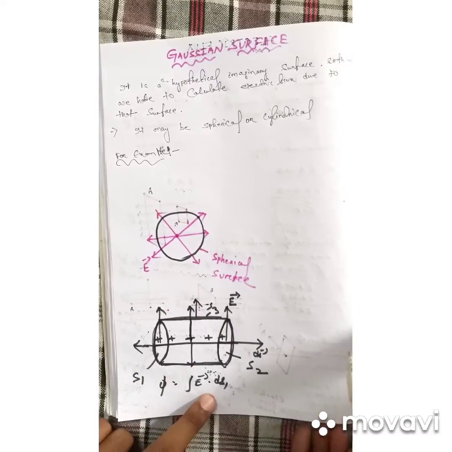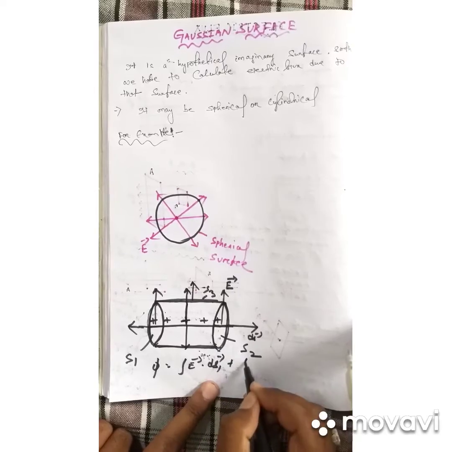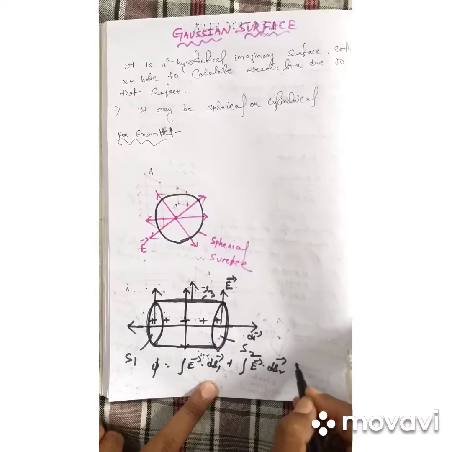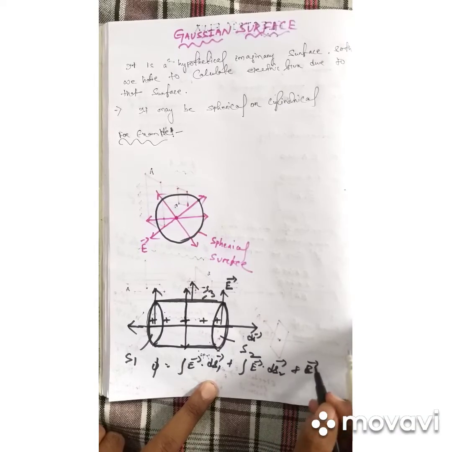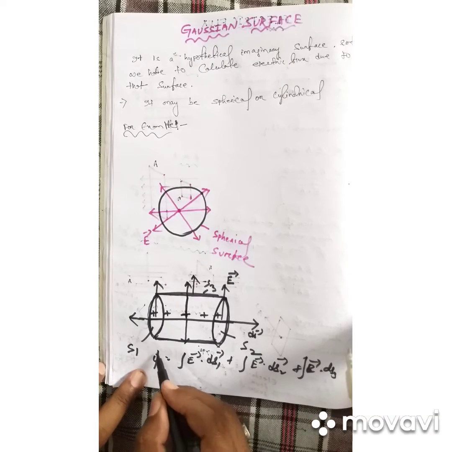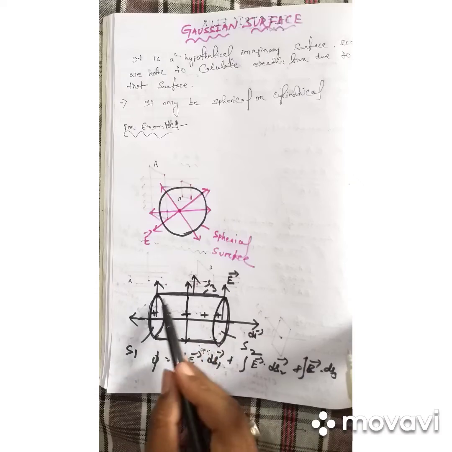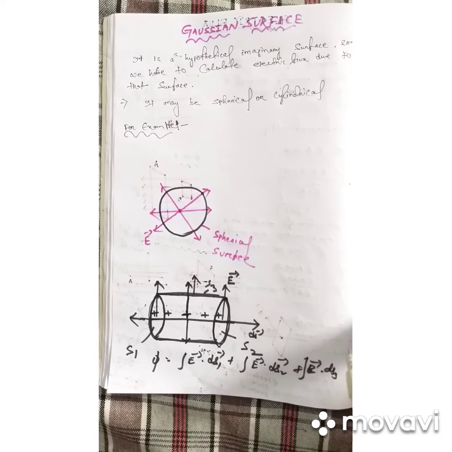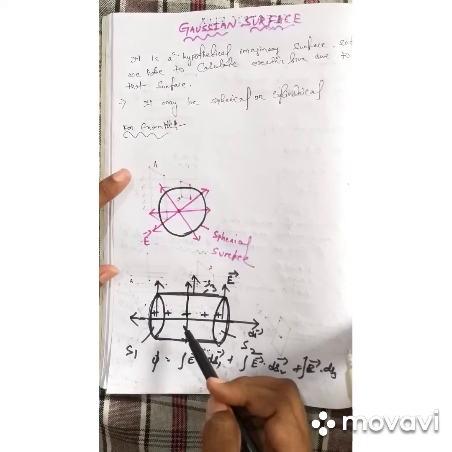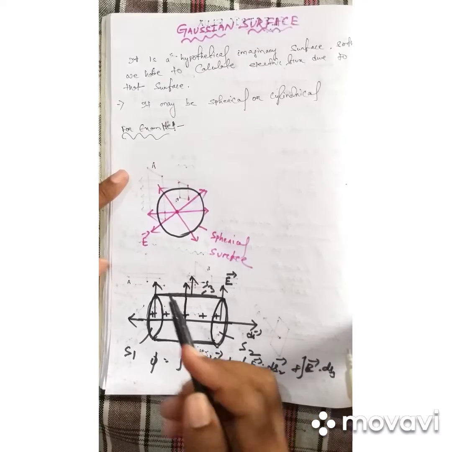So E vector dot ds1 vector plus E vector dot ds2 vector plus E vector dot ds3 vector. So, integration. Therefore, we calculate the net flux due to a line charge by using a surface. That surface behaves as a Gaussian surface. Clear?